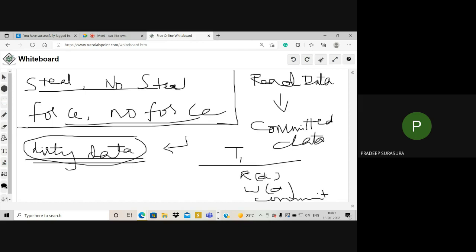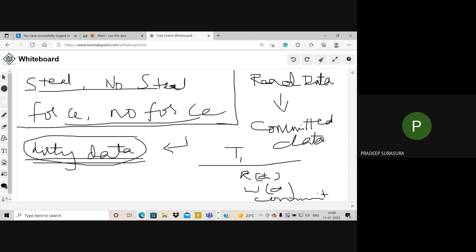I repeat again, the data always read is committed data. Which data will be read every time? Always committed data only. Once we read committed data, the data which is updated to something else, or altered but yet to commit, becomes dirty data.